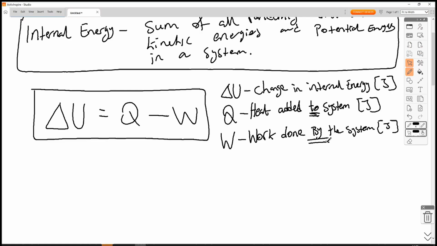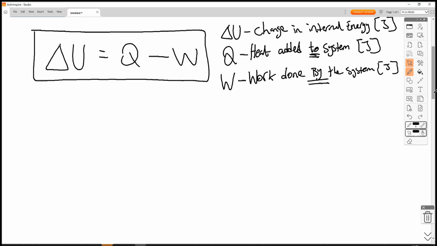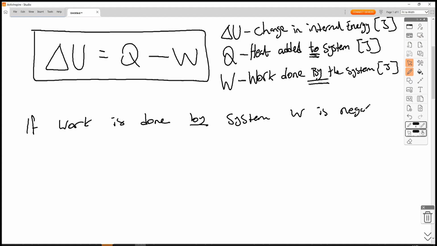So the system can do work, but also work externally can be done onto the system. So if work is done onto the system, that W becomes positive rather than negative. So if work is done by the system, W is negative.